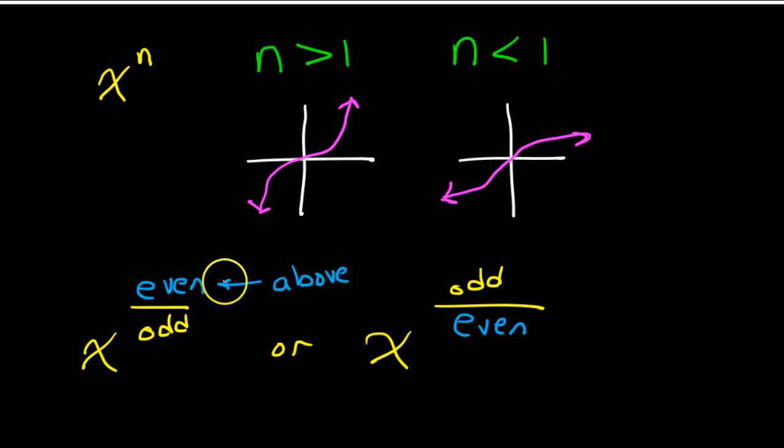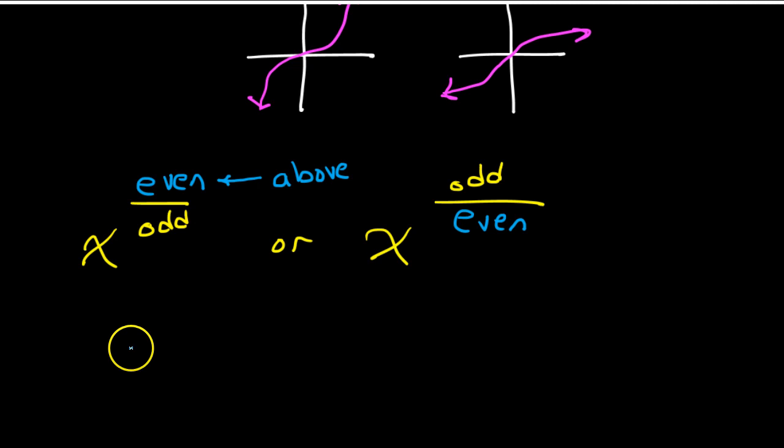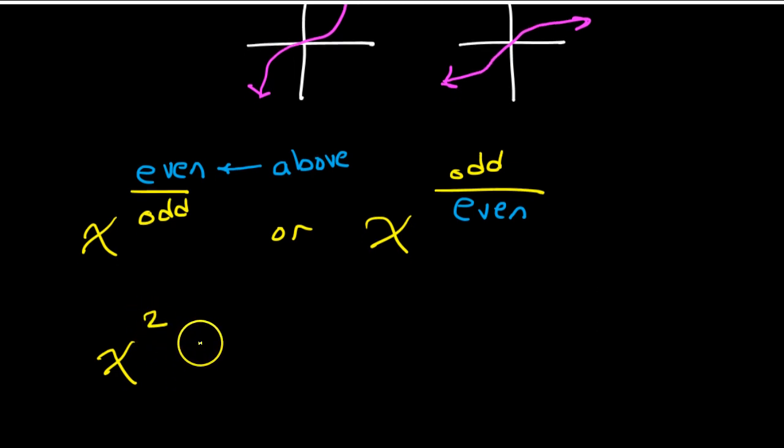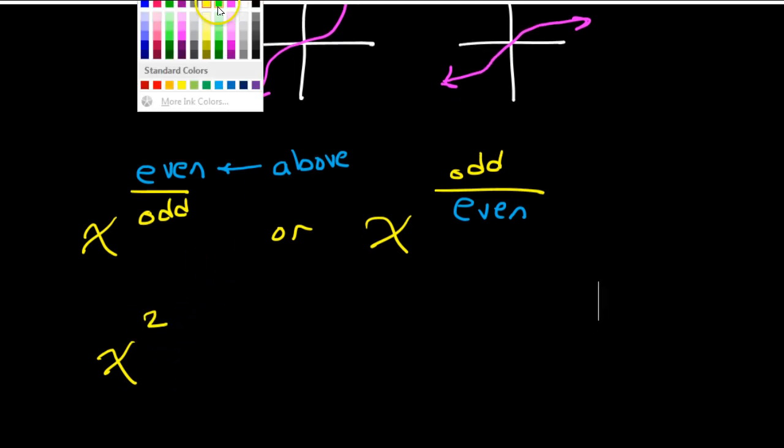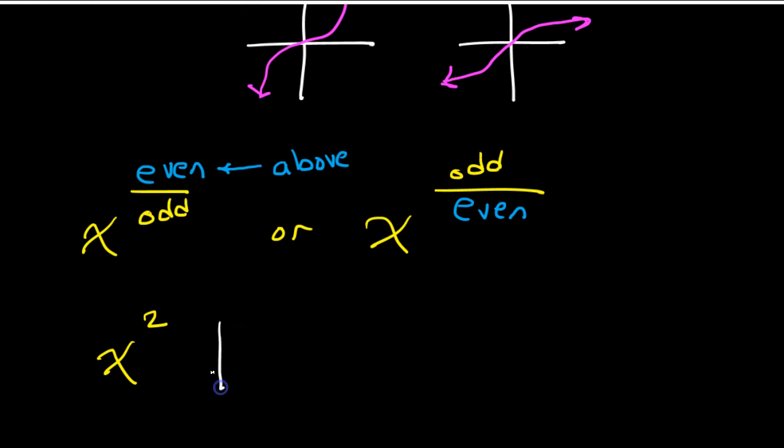All right? Think about the graph of the function x squared. Okay? And x squared, this is the same as 2 over 1. So that would be even over odd. We know that the graph of x squared looks like this.